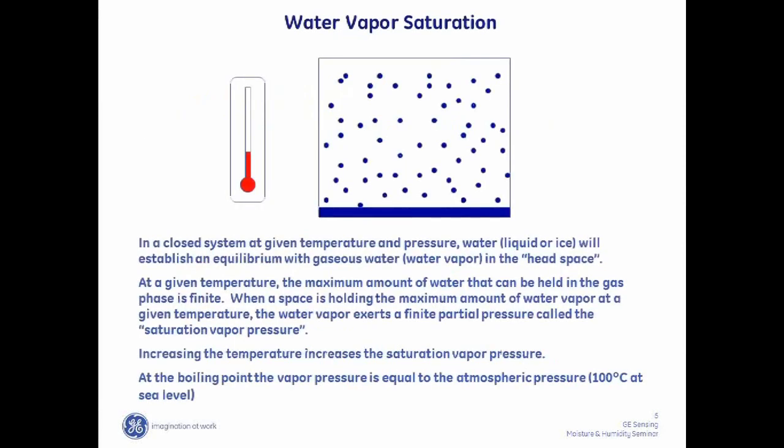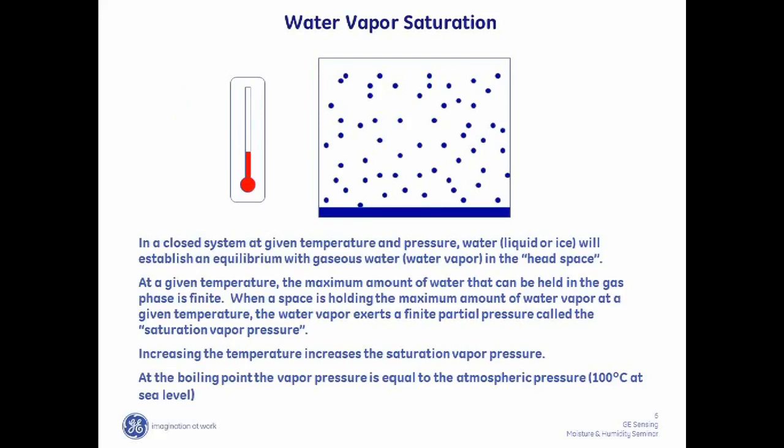If we have a closed system with liquid water in the system, the water will evaporate into the headspace, and there'll be an equilibrium between the liquid phase and the gas phase. And that headspace will become saturated, saturating meaning that it's holding the maximum amount of water in the gas phase.